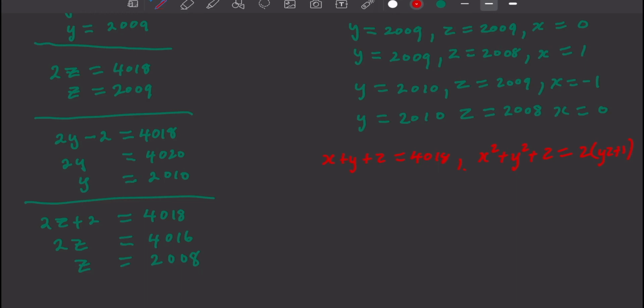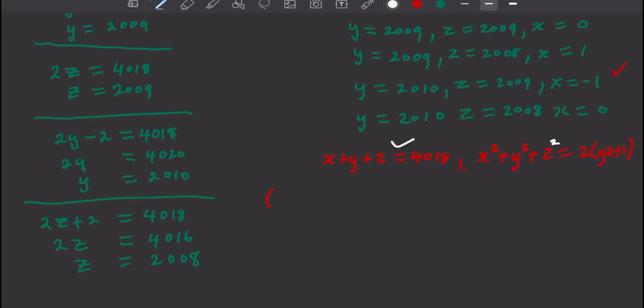So let's have a look at this one. We already know that it satisfies this equation. So let's see whether it satisfies x squared plus y squared plus z squared equals 2 bracket yz plus 1 into brackets.